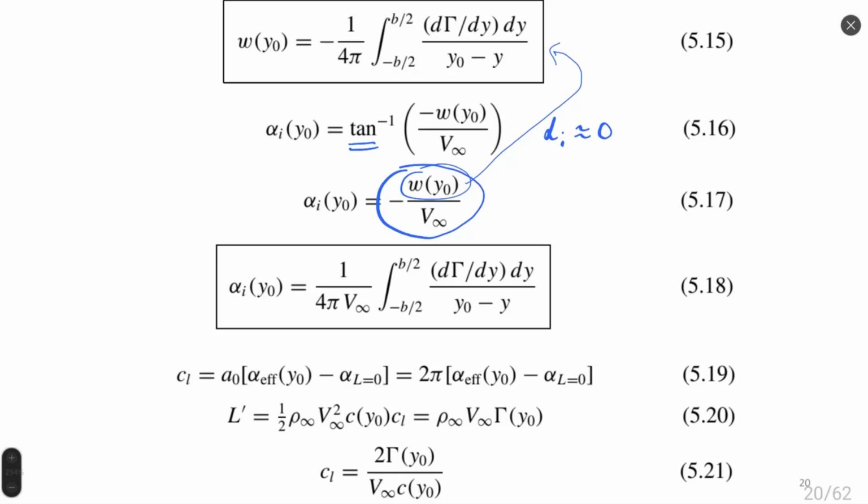We see that induced angle of attack now will be a function of y coordinate and can be calculated for any point once we know distribution of gamma or we know distribution of lift, because lift and gamma are related one to another. So for us, it's not important if we have gamma or lift.